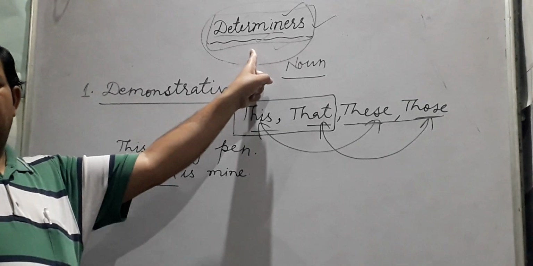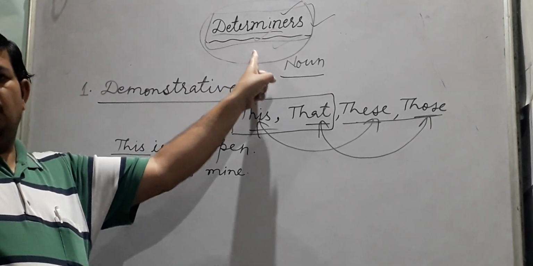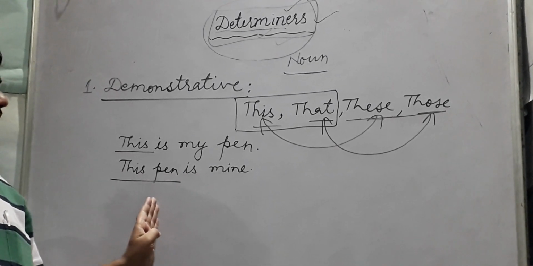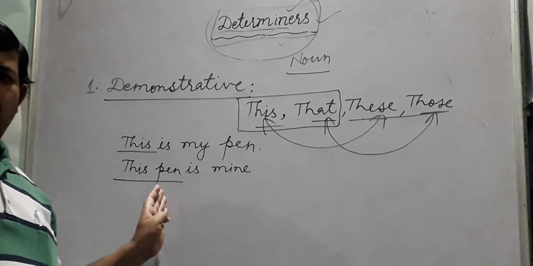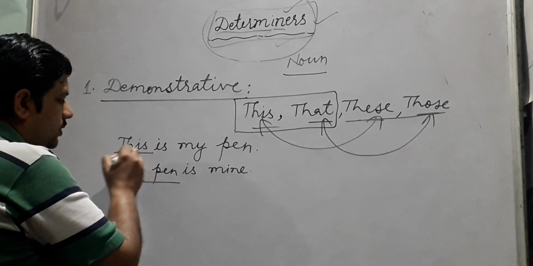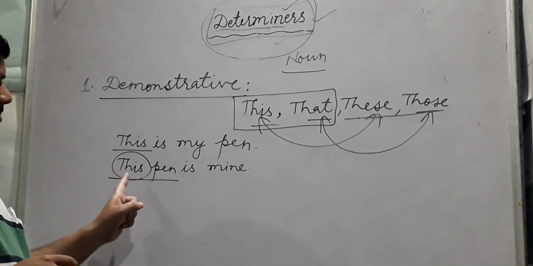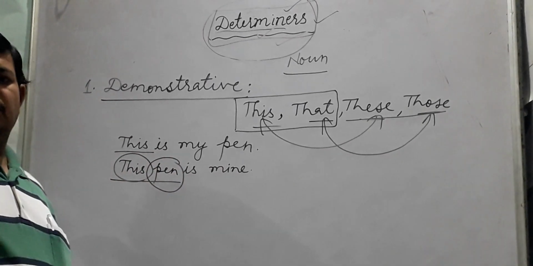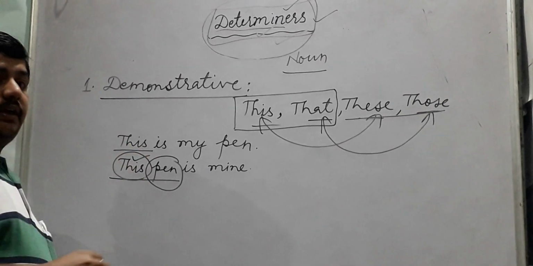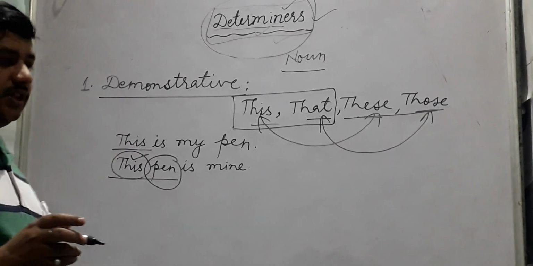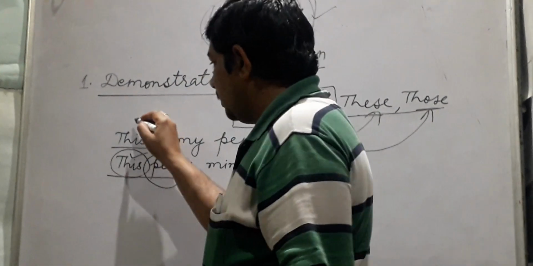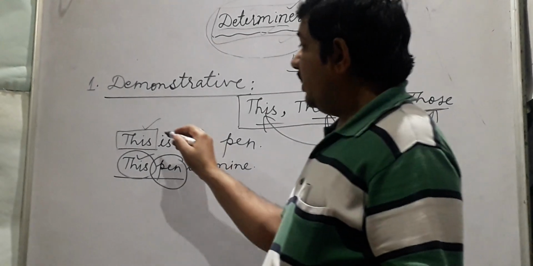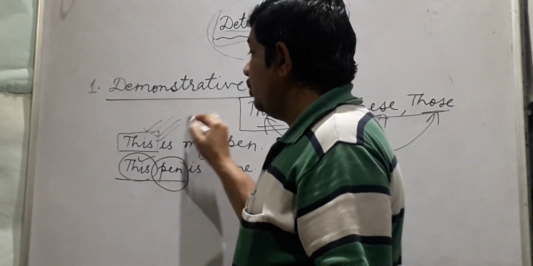In the definition of determiner, I told you any word that comes just before a noun is a determiner. So see here, this pen is mine. The word pen here is a noun, and the word this is a determiner. But then the question arises, what is this word in the sentence, this is my pen? Here this word is a demonstrative pronoun.